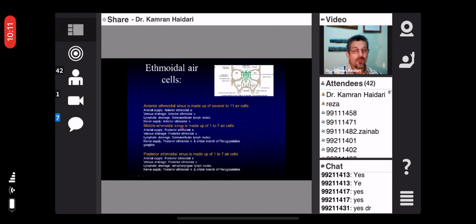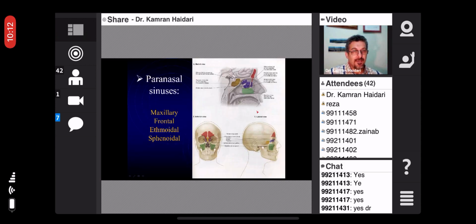ethmoidal sinus or air cells: a mass, a rounded mass around this group. Rounded mass is the bulla ethmoidalis. This swelling, this rounded mass.